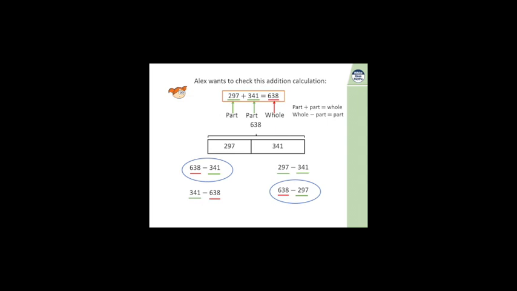So there's the two answers there circled, because if she had, starting with the top left calculation, subtraction, 638 is our whole. If she subtracted a part away from it, 341, she'd be left with another part, 297. In the bottom right, 638 is our whole. If she subtracted the other part away from it, 297, what should she be left with? Hopefully your answer was 341.